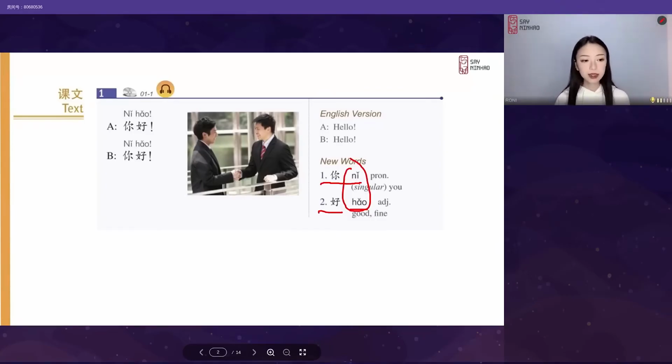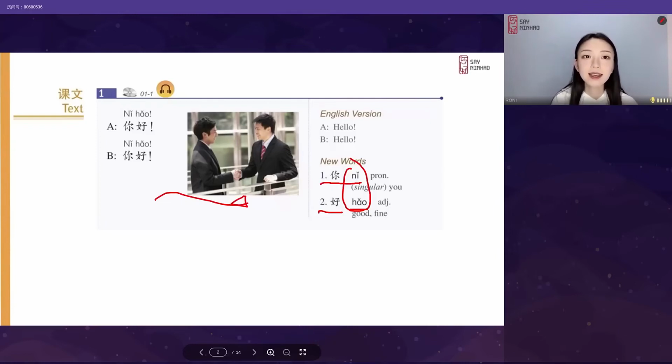Very good. Now let's try to read the text. The text here is 你好 and 你好. A and B are greeting each other. We can see, right? They are greeting each other. So I'm going to read this first for you, and you can try to read after me. A said, 你好.